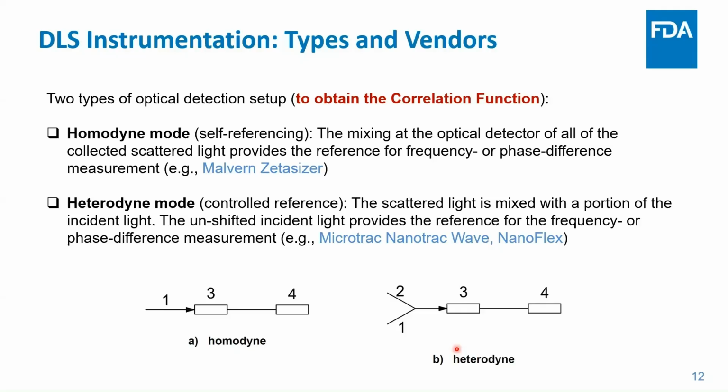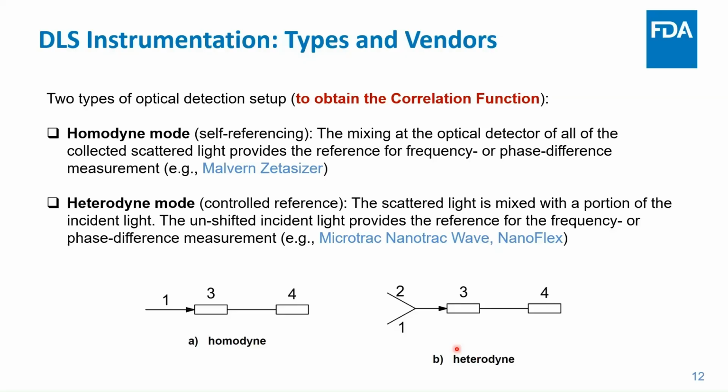In the homodyne setup, you're just putting in light, and then you typically have a detector at some other angle from the incident light, so the incident light from the laser never hits it. The signal is just proportional to the scattering intensity from the sample squared.